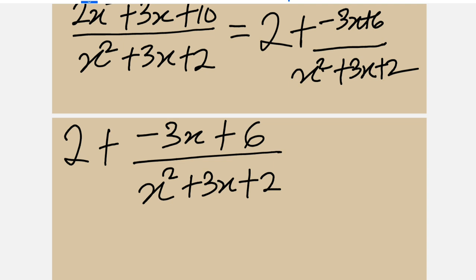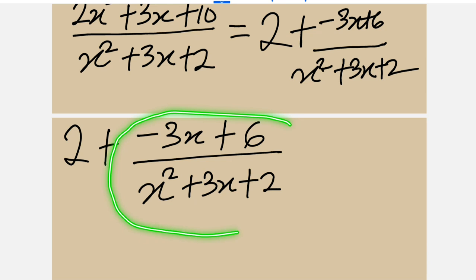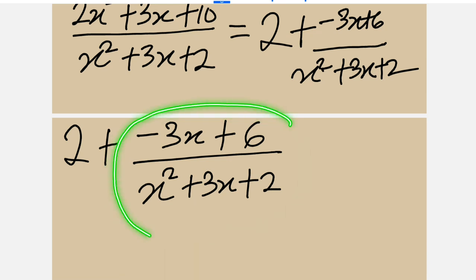What we need now is to turn the fraction part into partial fractions. The one in green is what you want to turn into partial fractions. So let's start solving this now.